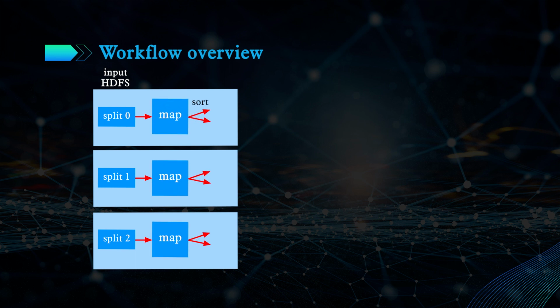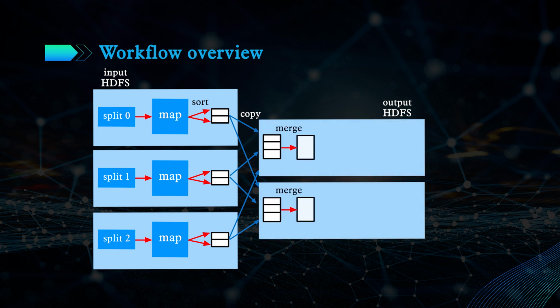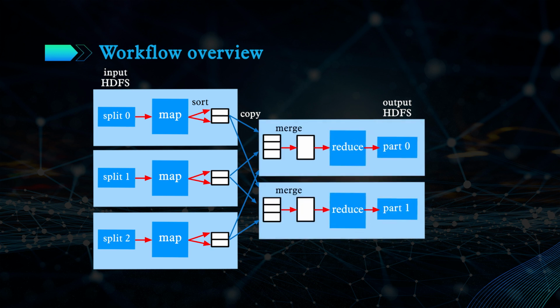The output of the map task goes through the shuffle phase, through sort, copy, and merge operations shown in the diagram. After shuffle, the organized intermediate results become the input of the reduce tasks, and after the reduce phase, the final result is calculated.